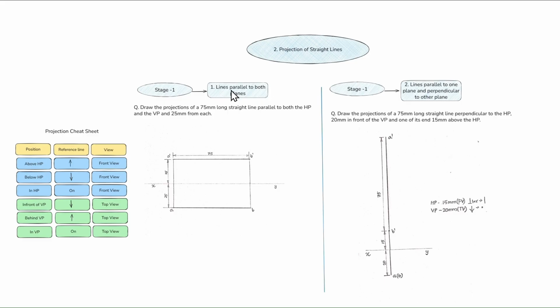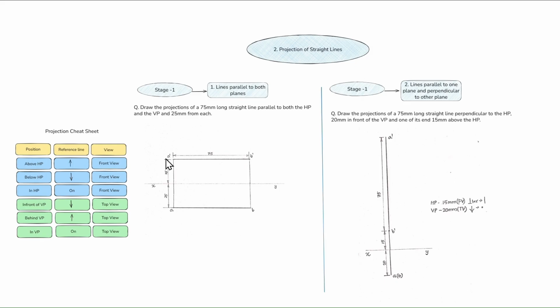In this question, they have mentioned a distance of 25 millimeters from both planes, so we have drawn it in that particular way. That is how we will plot A dash and A. The only difference is that this is similar to the projection of points concept, because first we plot the points and after that we draw the line.